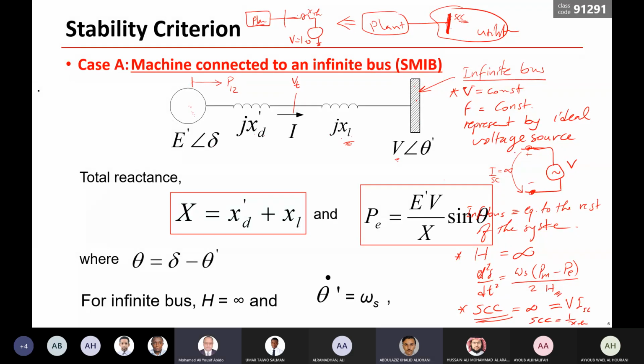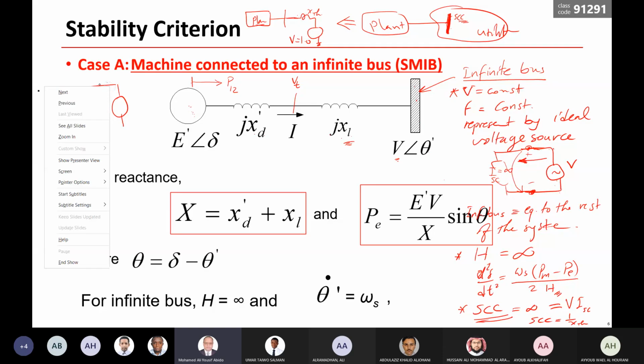But you have a load here, and you connect a load. This is the infinite bus, and whatever the current drawn from the infinite bus, it will not affect the voltage. Assume that this is the voltage source, and if you have a reactance here, if it is not ideal, and this is your load.